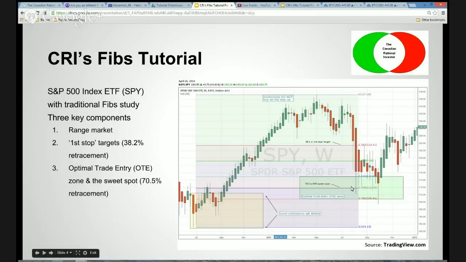Technicians, and especially institutions, pay special attention to the midpoint of this green box. See, there's an optimal trade entry OTE zone, and that's this 70.5. Now, is 70.5 itself a Fibonacci number? No, it isn't. But this OTE level, the sweet spot level, is really important to technicians.